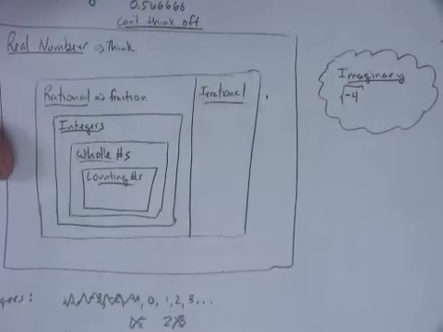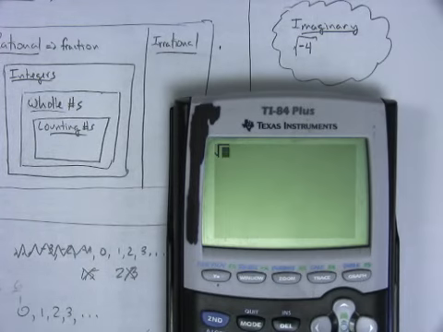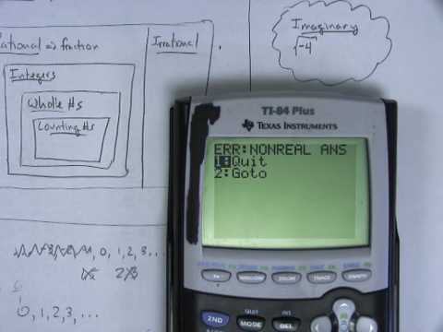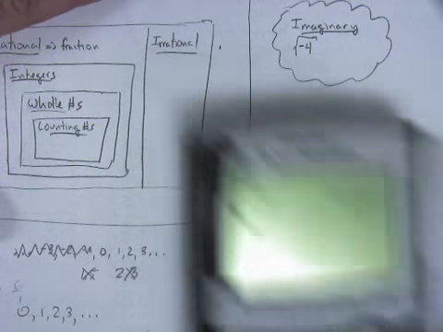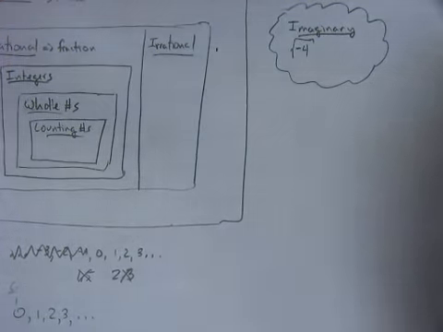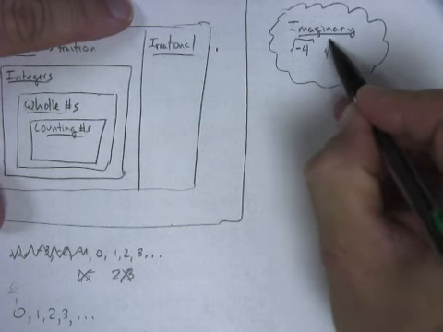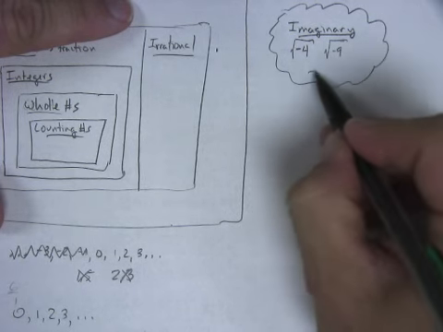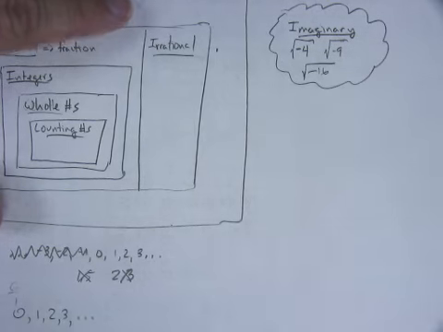If I go to my calculator and plug in the square root of -4, look at what happens. I get an error. It doesn't allow me to determine what the square root of -4 is. So easy examples of imaginary numbers are negatives underneath the square root, like -9, -16. Those are all imaginary numbers.